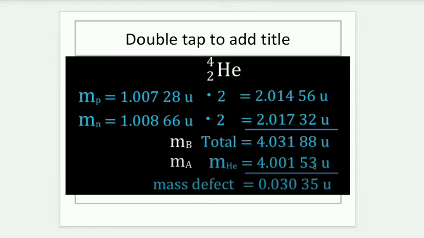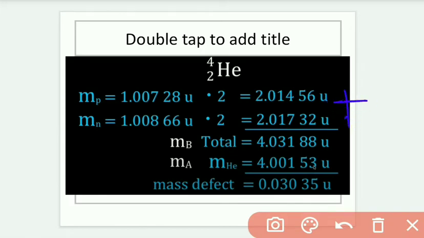The mass of a neutron is 1.00866 units, and there are 2 neutrons inside a helium nucleus, so into 2, that is 2.01732 units. Then when these two are added, you will get the mass 4.03188 units.